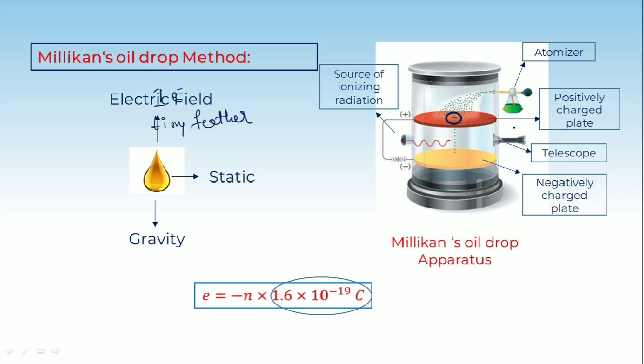One is a positively charged plate, another is a negatively charged plate. This is one of the boxes they have taken, with two charged plates in it. They have placed a telescope here, and this is the atomizer. Here we have oil, which is sprayed. Here there is an X-ray source, and current is passing here.